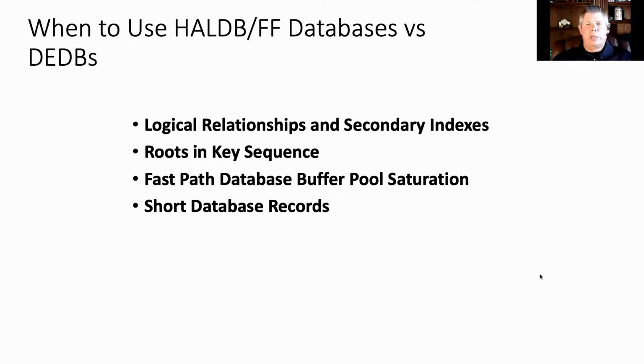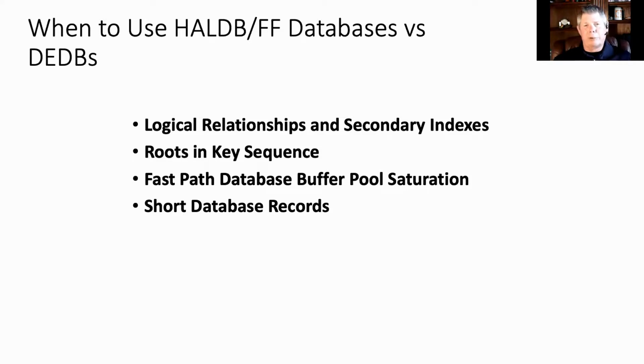So when should you use a HALDB full function versus a DEDB? There's no support for logical relationships in this, so you probably wouldn't want to use FastPath. And secondary indexes are not really in FastPath. We've added them recently.